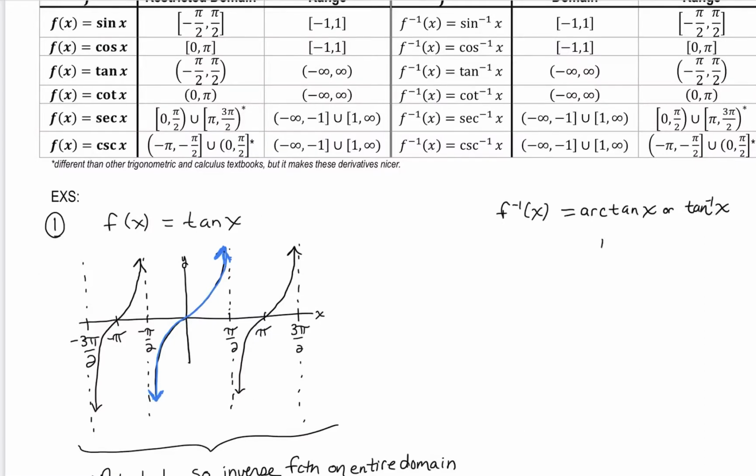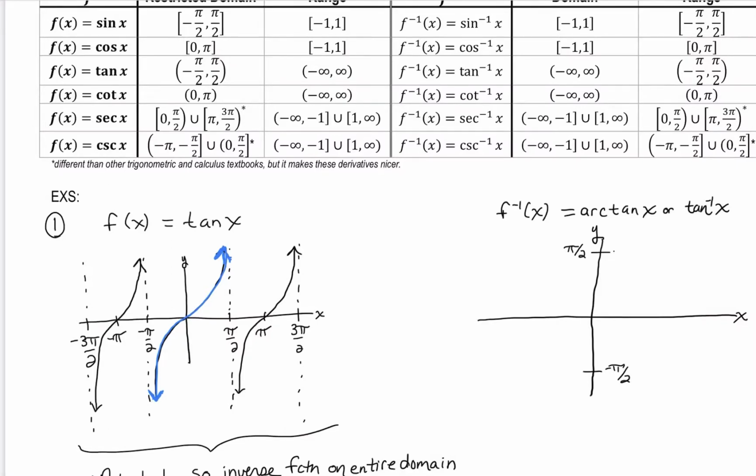Another feature that we get out of that is that the function and its inverse function, their graphs are symmetrical, or mirrors of each other, over the line y equals x, the line that bisects the first and third quadrant. So however you think about it, where you used to have vertical asymptotes at x equals pi over 2 and negative pi over 2, you're now going to have horizontal asymptotes at y equals pi over 2 and at negative pi over 2.